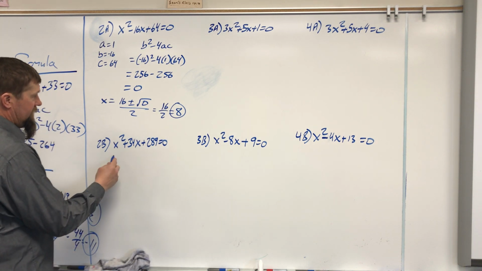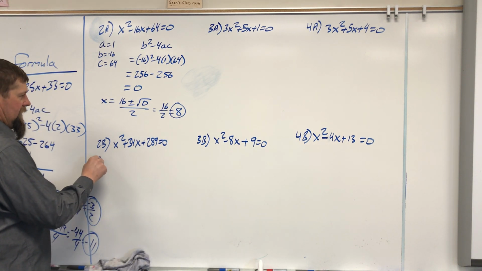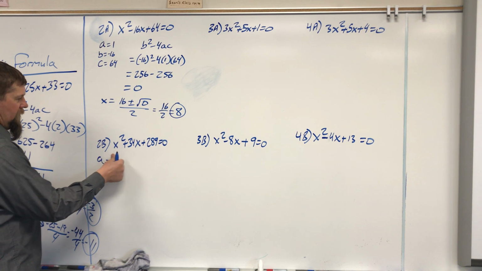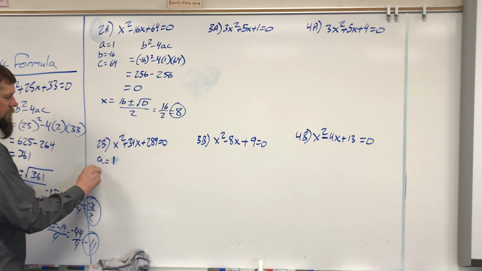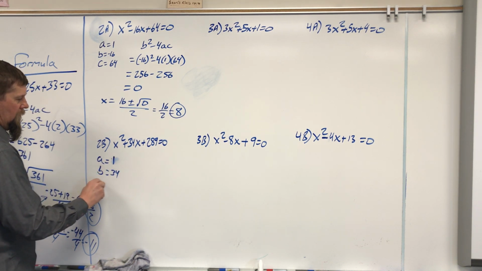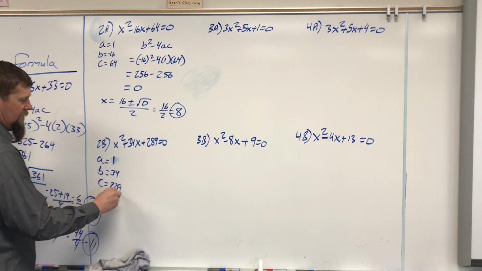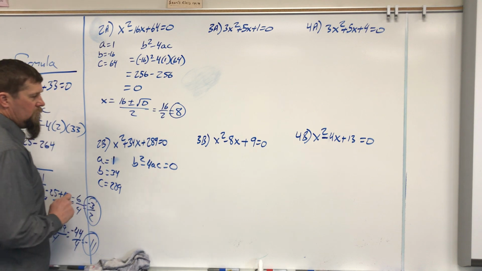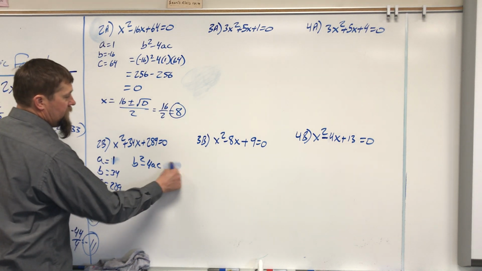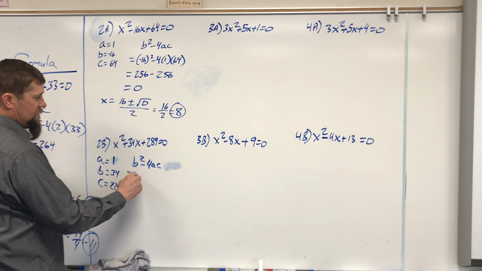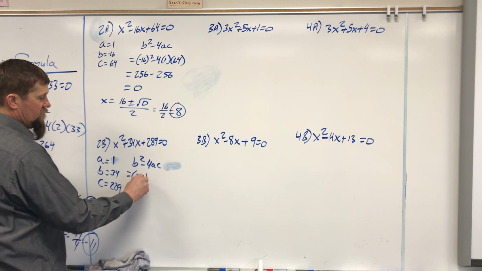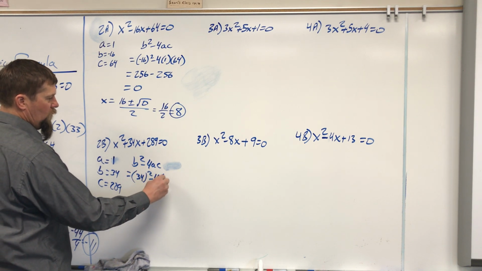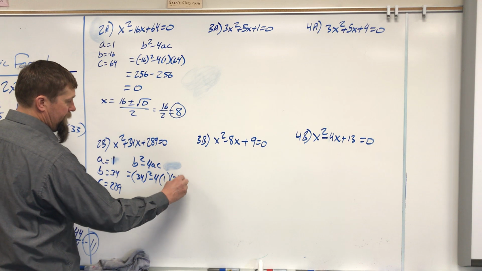This is going to be very similar. We have A equals 1, B equals 34, C equals 289. B squared minus 4AC equals 34 squared minus 4 times 1 times 289.